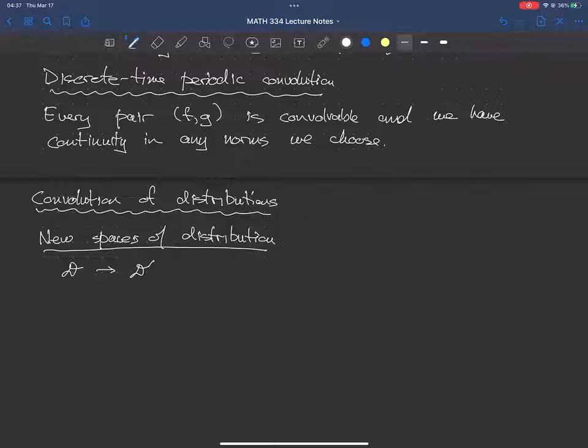Let's talk about the space of what I'll call bounded test signals.